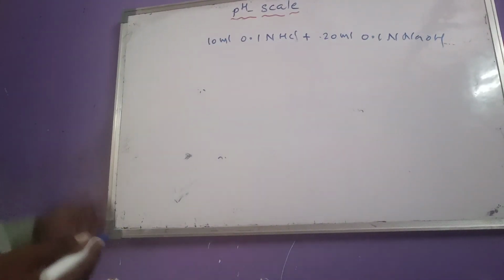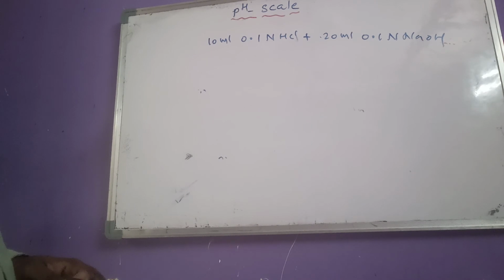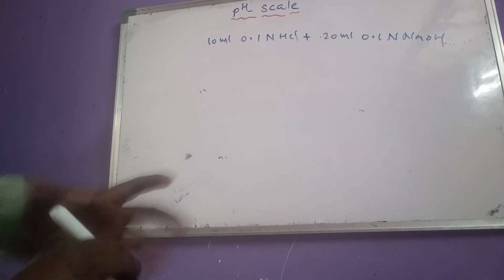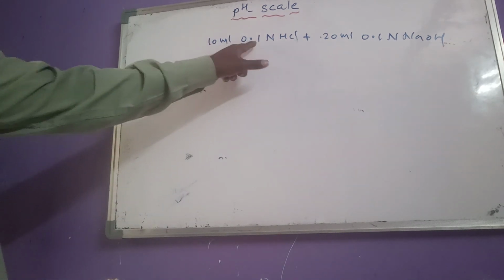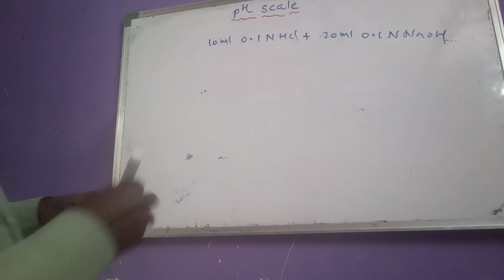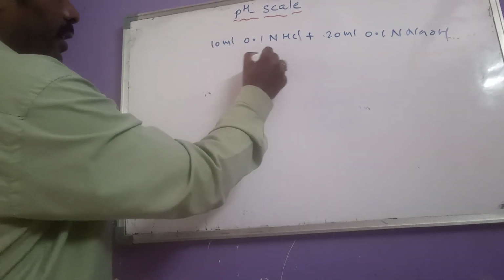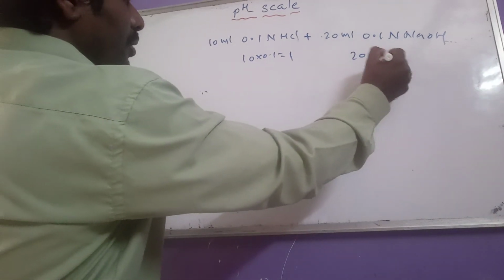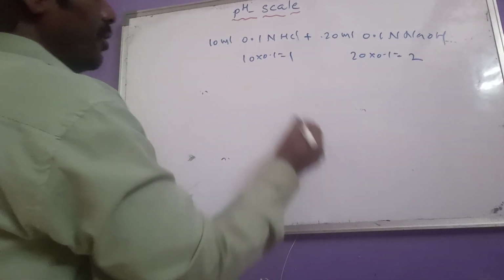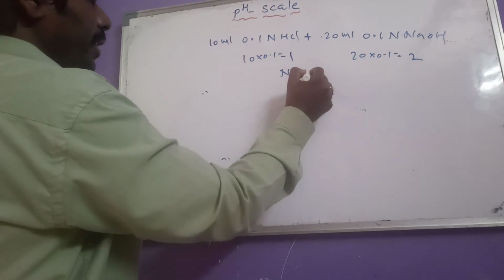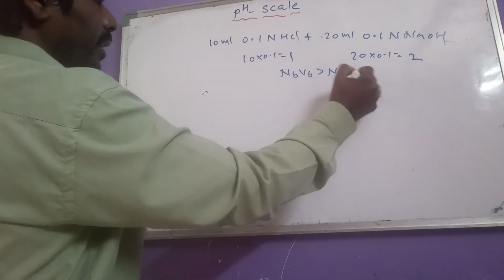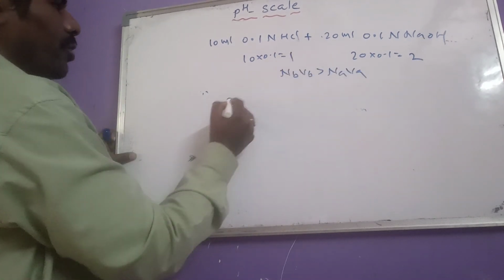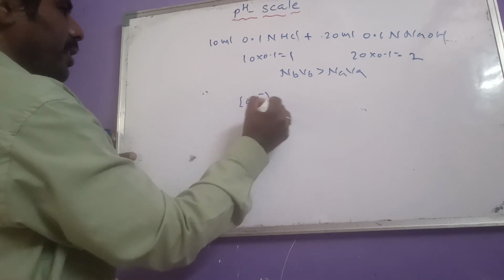What is the pH of the solution? First we see the NaVa value: 10 into 0.1 is 1. NbVb is 20 into 0.1, which is 2. So NbVb is greater than NaVa, and this solution has basic nature.